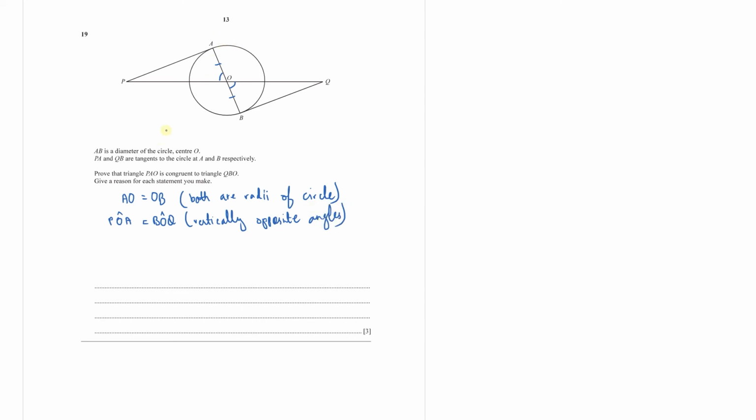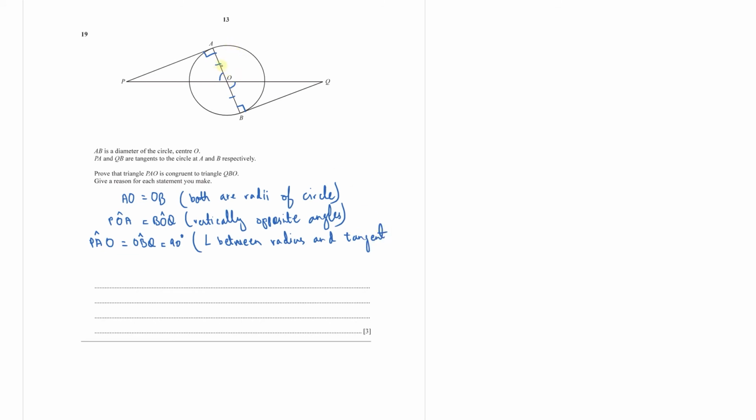And then since we know that these two lines are tangents and these lines are radii, that means this angle here would be 90 degrees and this angle here would be 90 degrees as well. So angle PAO equals angle OBQ, which is equal to 90 degrees because it's an angle between radius and tangent.